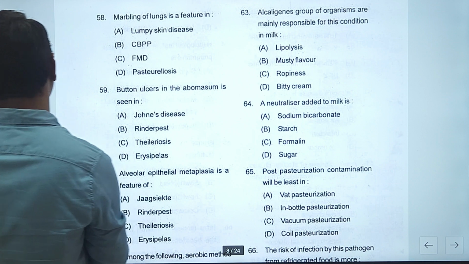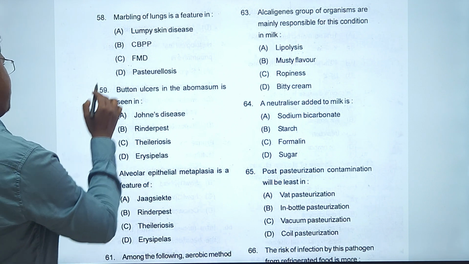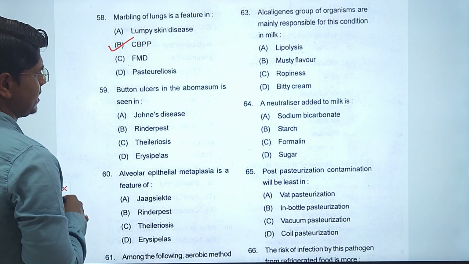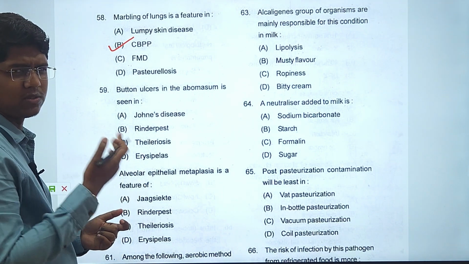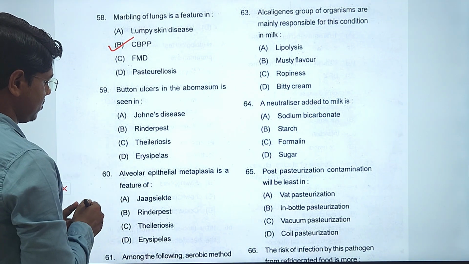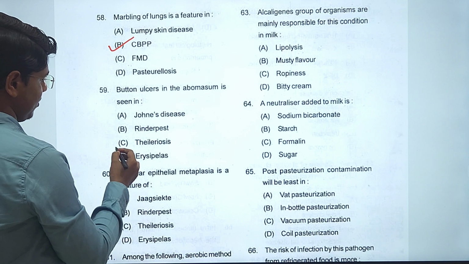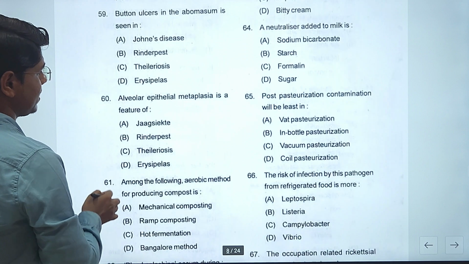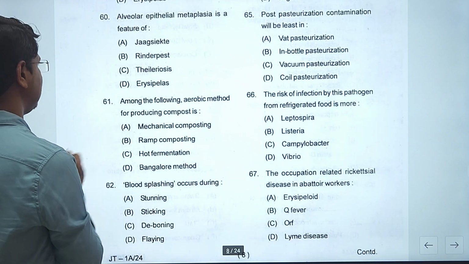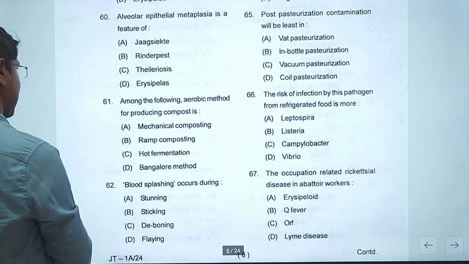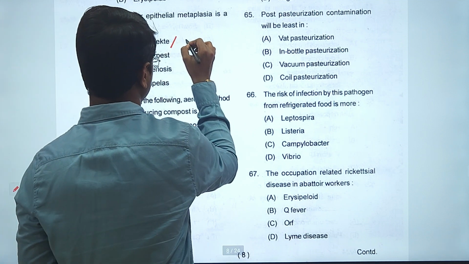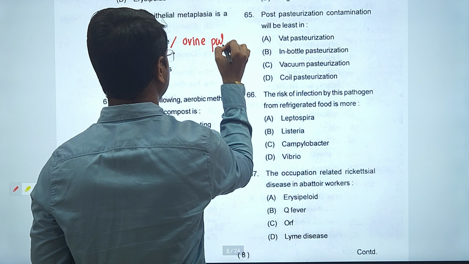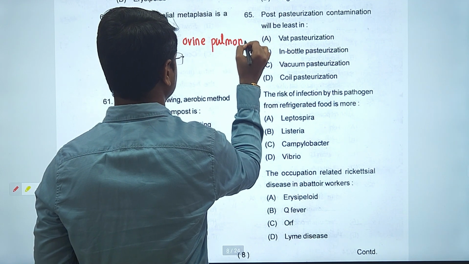Marbling of lung is a feature of CBPP, contagious bovine pleuropneumonia. Button ulcers in the abomasum: this question also came in previous year 2021-22. Answer is theileriosis. Alveolar epithelial metaplasia is a feature of Jaagsiekte, also known as ovine pulmonary adenomatosis.